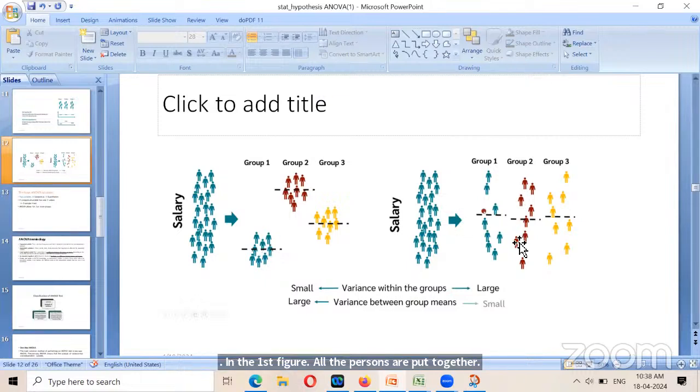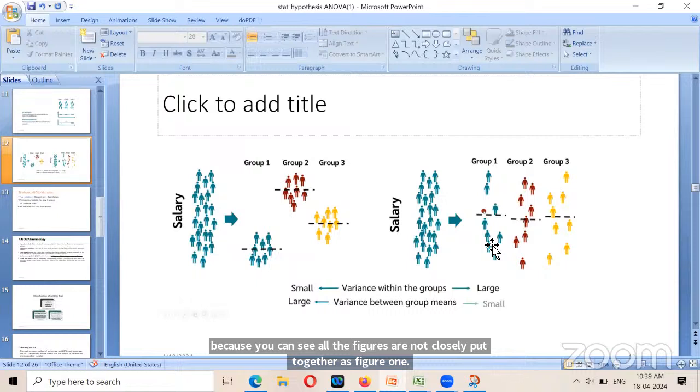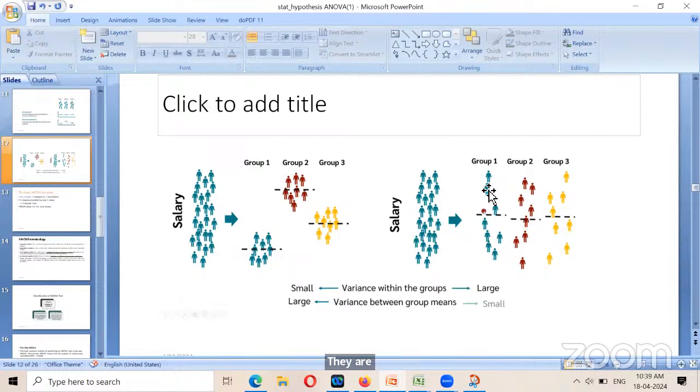But in the second figure, the variance within the group is very large, because you can see all the figures are not closely put together as in figure 1. They are dispersed from each other. So the variance within the group is very large here. The brown group and yellow group are also at some distance from each other. So variability within the group is large here.